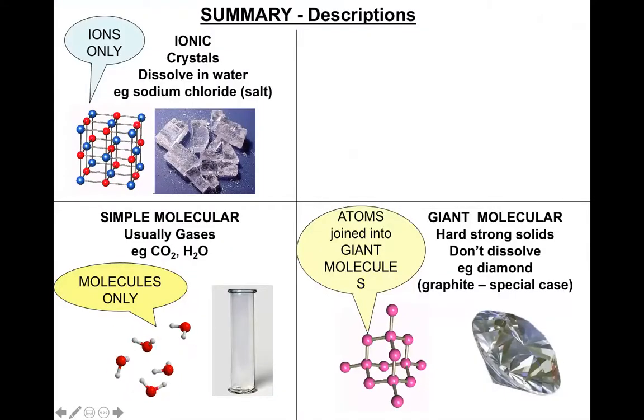So in summary, we had our ions for our ionic bonding, where we would talk about the ions. We would have atoms joined into giant molecules for our giant diamonds, graphites. Remember, graphite is our special case to learn. We have our simple molecular substances, which are usually gases and only contain molecules. So we would use the word molecules a lot when we're talking about them.